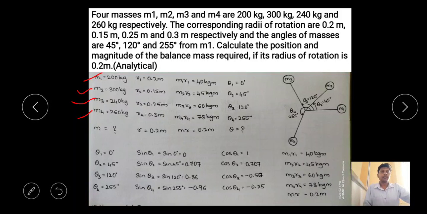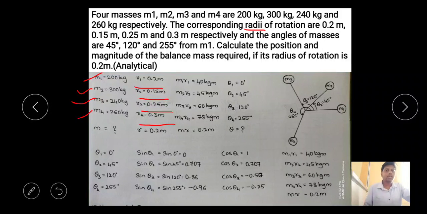And then the radii of rotation are given: r1 is 0.2, r2 is 0.15, r3 is 0.25 and r4 is 0.3.